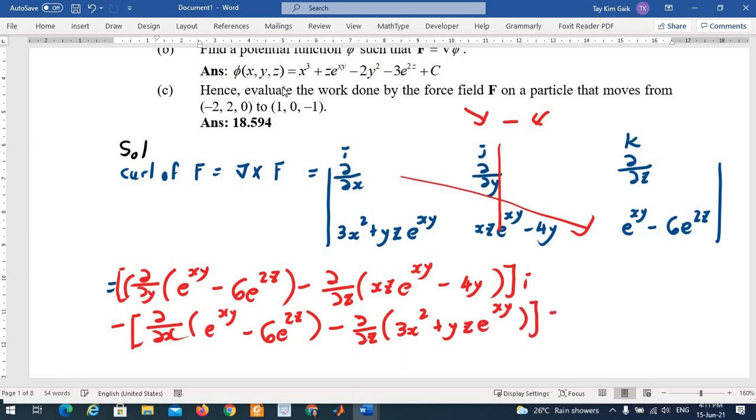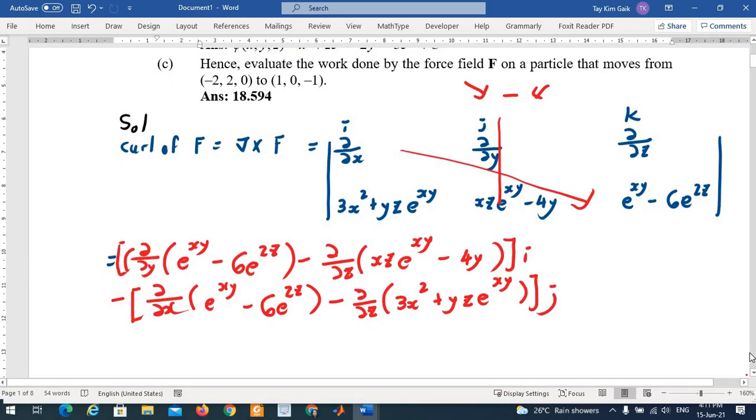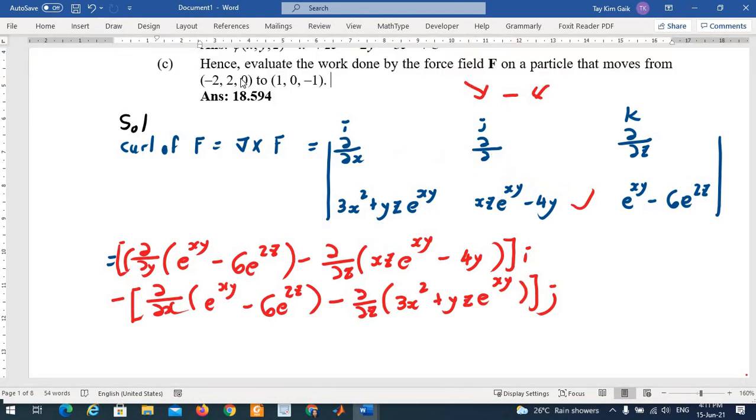This is component j. Please double check: del x of e^(xy) minus 6e^(2z) minus del z of 3x squared plus yz e^(xy). Then erase this one.